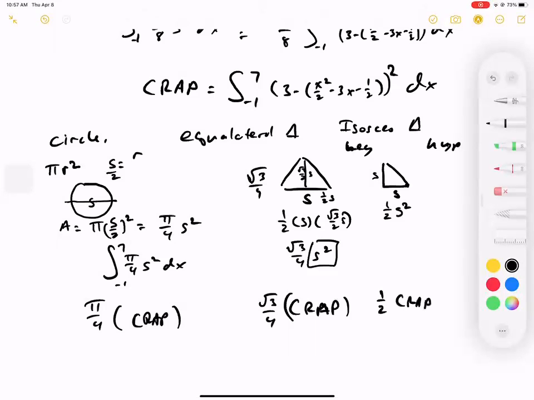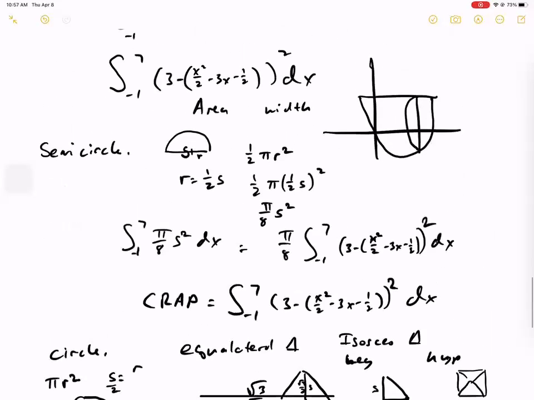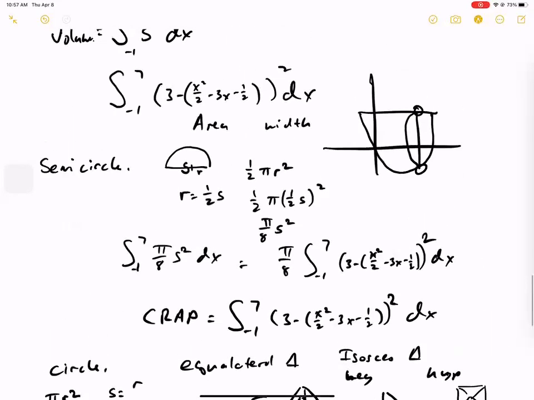The hypotenuse might be a little harder, but if you remember, if I draw it this way, it's 1 over 4 S squared. This is 1 over 4 crap. Hopefully you've seen crap as the pattern. Really, it's just the front coefficient that changes, but S squared still stays the same, because the way we're treating this model is that S is that length from the top to the bottom. Okay. All right, that's it.